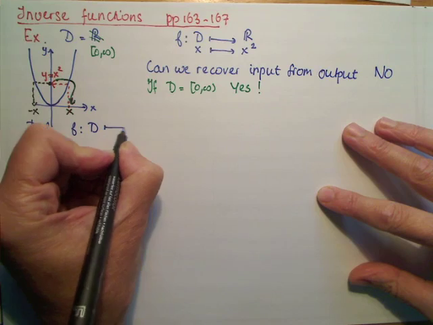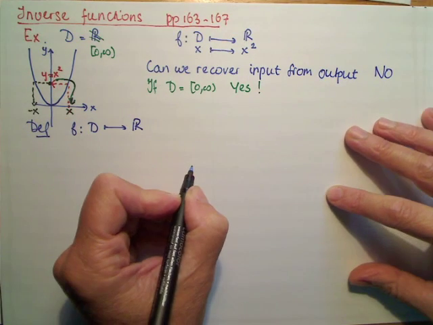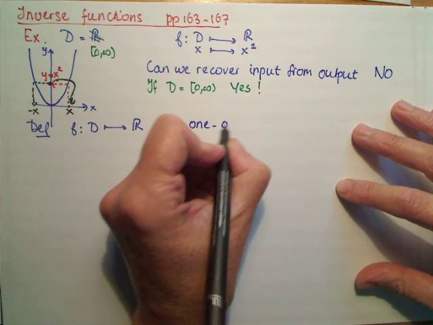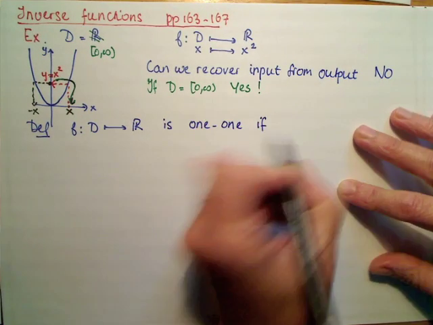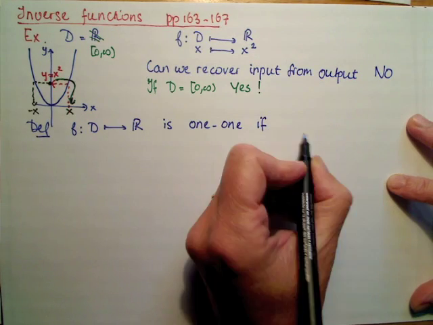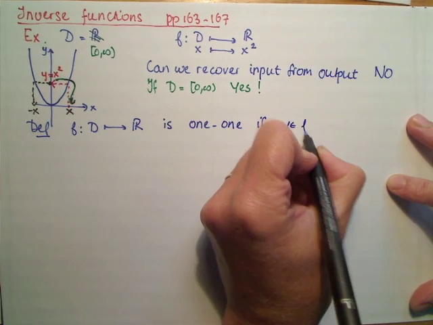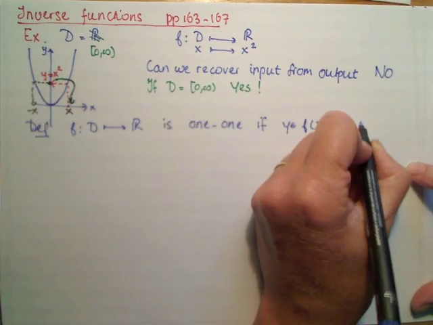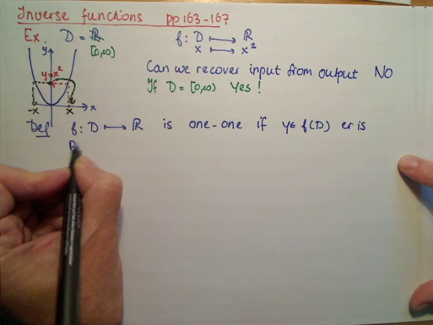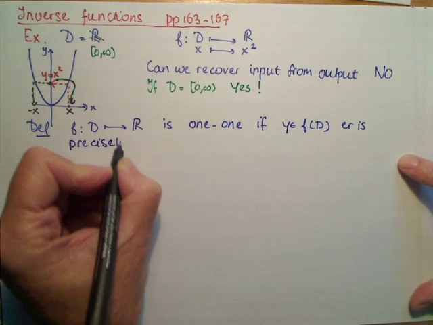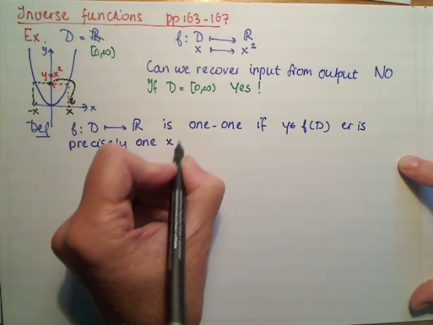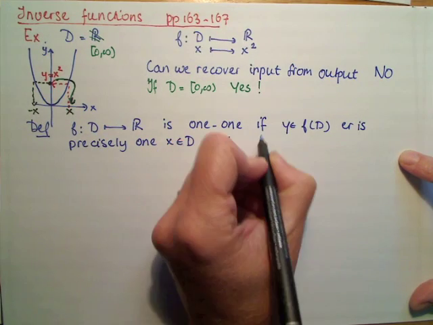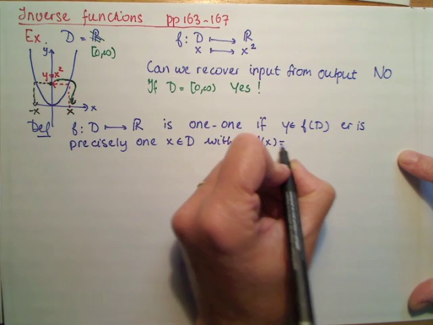A function defined on some set D with values in R is called 1-1 if for each y in the image of our set D there is precisely one value x, of course in the set D, with the property that y is equal to f of x.